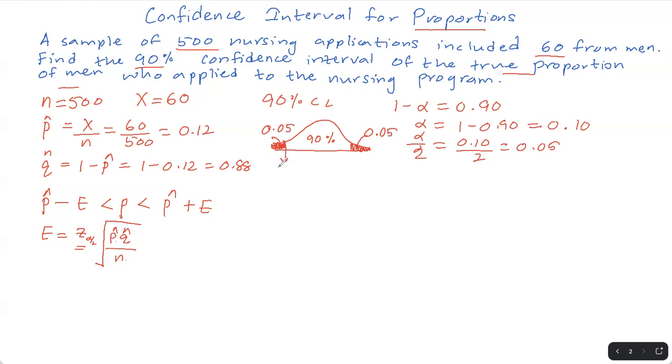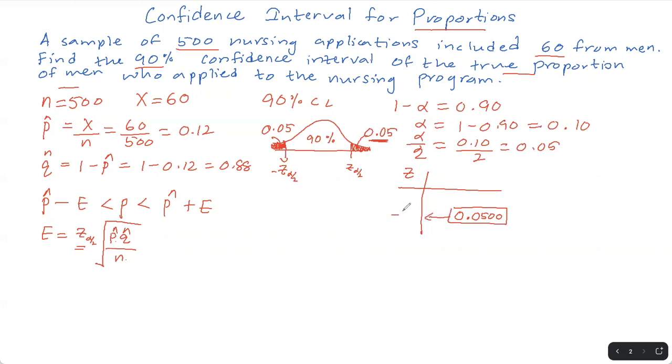And you are looking at the z-score. This z-score is negative. This z-score is positive, alpha over 2. This alpha over 2 value is 0.05. So let's look at this z-score. If you look at the z-score table, locate this probability inside the table and then locate the z-score.